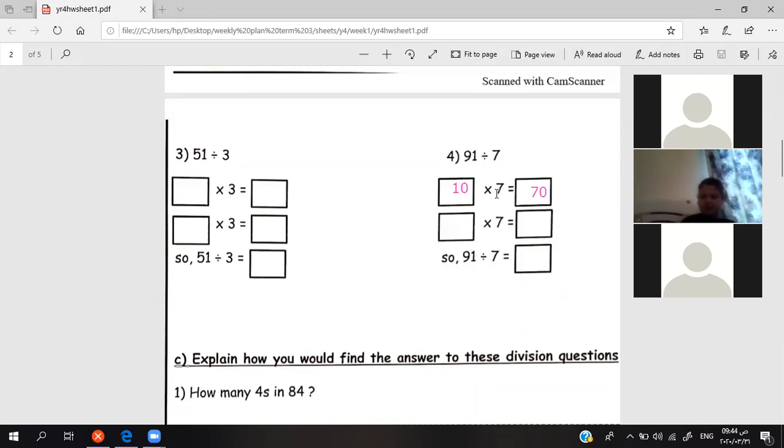A 10 and a 10, it's a 20. And it's 91, so I have a 21. Right? Yes, because 0 plus 1 is 1, and 7 plus 2 is 9. And I ask myself, what times 7 gives me 21? It's a 3. 3 times 7 gives me 21. So my answer is a 10 and a 3, which is 13.